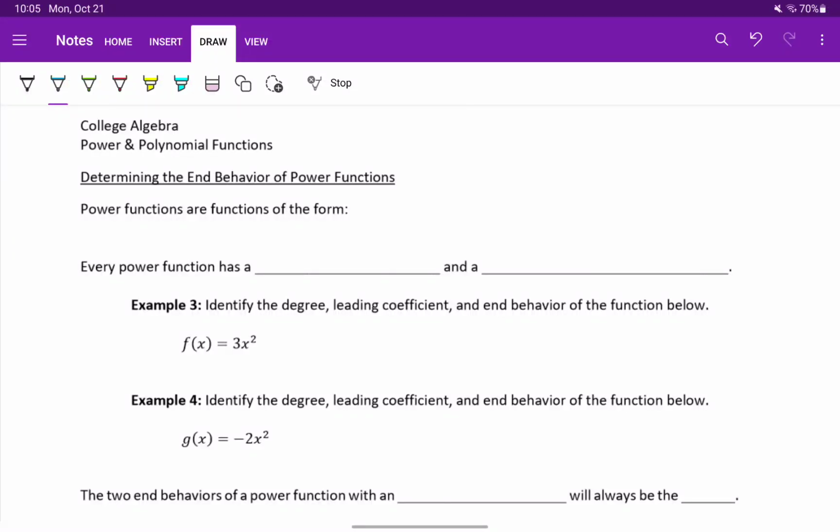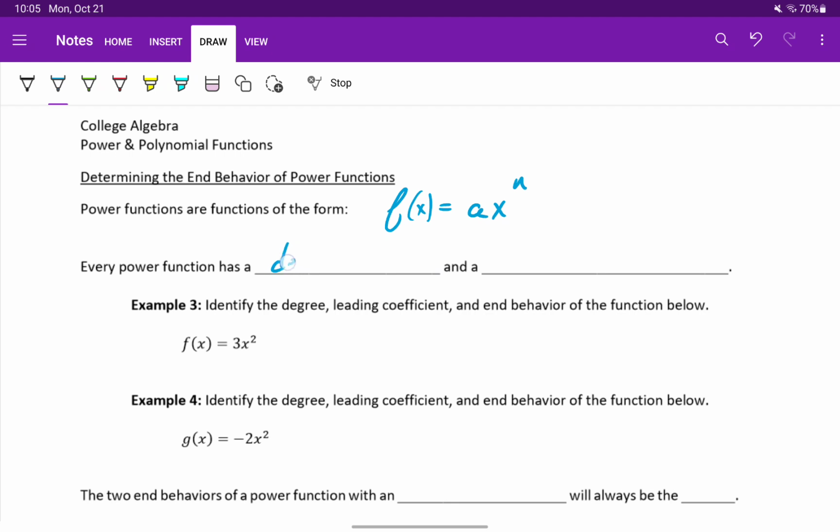Next, we want to look at how to determine the end behavior of a power function. Power functions are functions of the form f of x equals ax to the n power, or a single-term polynomial function.